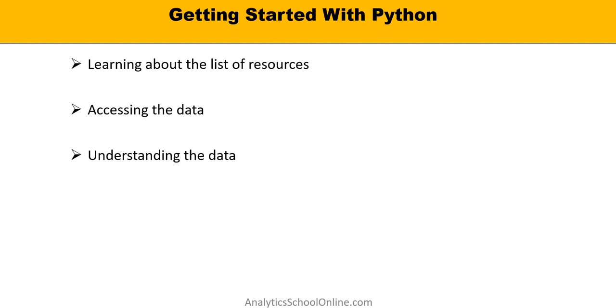So in this lesson, we'll basically start with a list of resources, a resource page that we can use to access various different things while doing our machine learning programming. And then we'll see how to access the data and how we can start understanding the data.